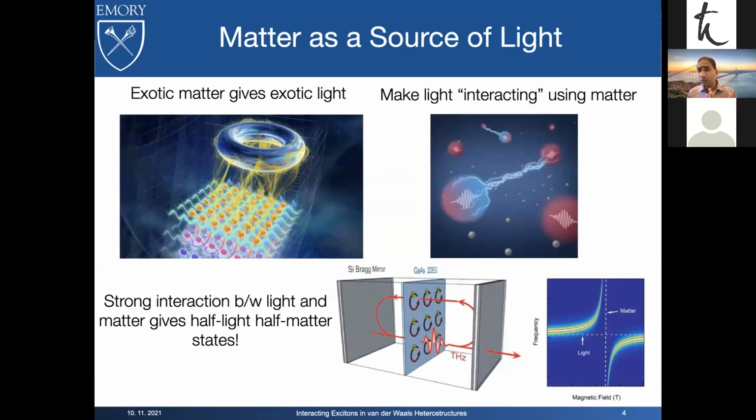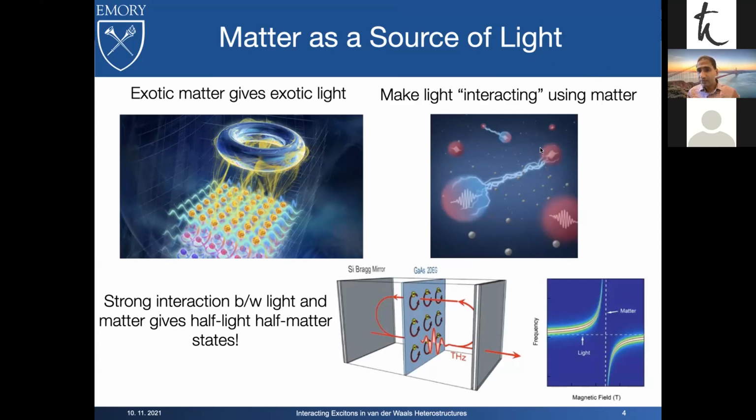What do we want to do? The broad theme is to understand how exotic matter could give you exotic light, which could be useful for interesting properties such as topological photonics. Another theme is to make light interact using matter. As we know, photons don't talk to each other, but using matter, perhaps we can make them interact.